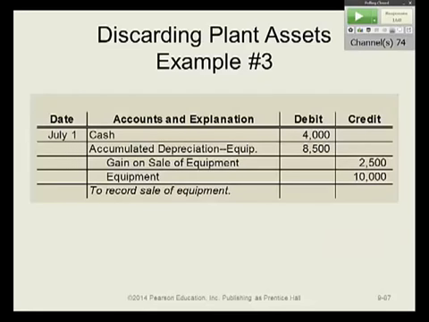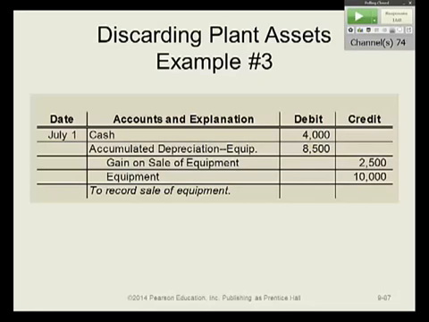And the journal entry debits cash, removes the net book value. Remember, you always have to remove the net book value by debiting accumulated and crediting the equipment, and then you record the gain. So once again, we bring those accounts up.